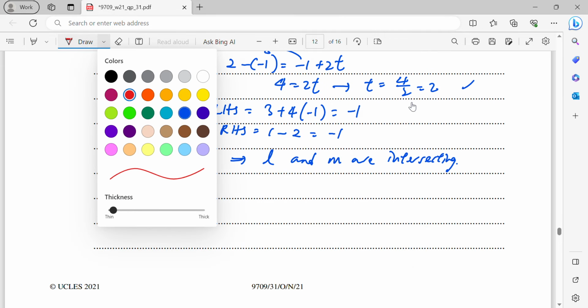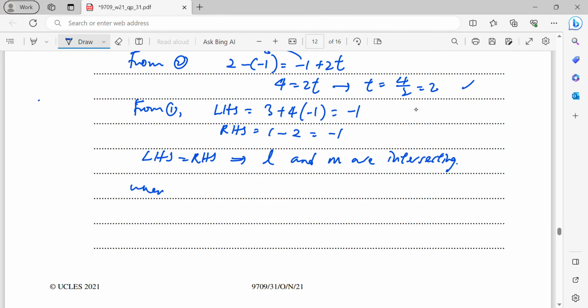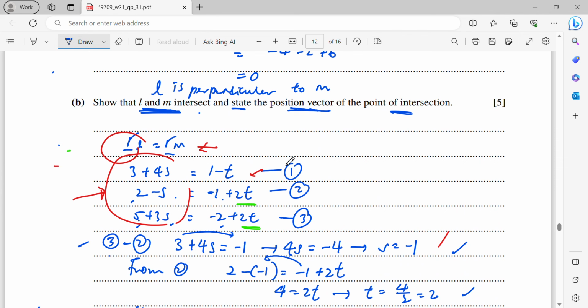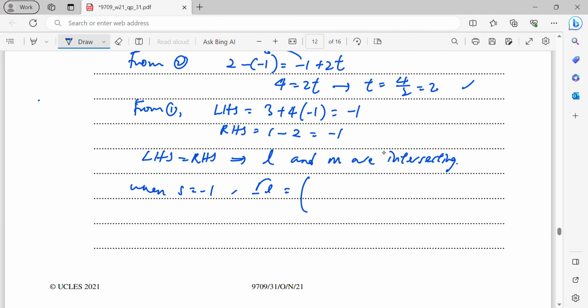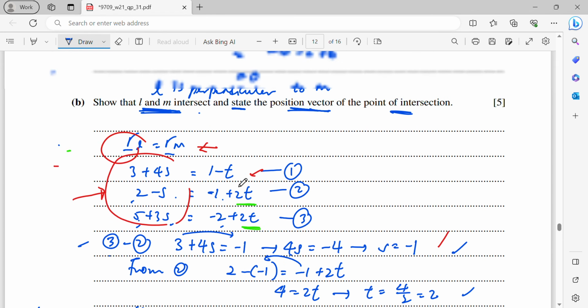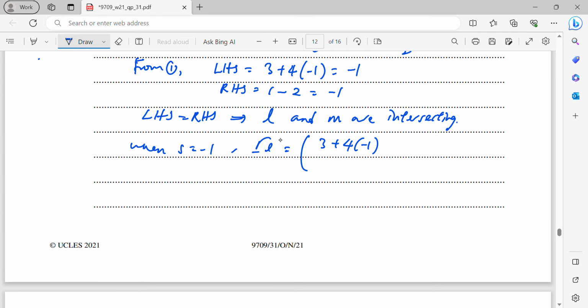So when S equals to minus 1, my RL is 3 plus 4s, then 2 minus s, and then 5 plus 3s.